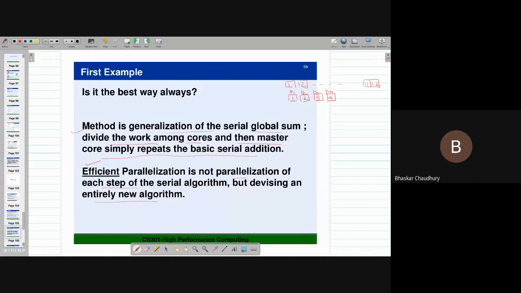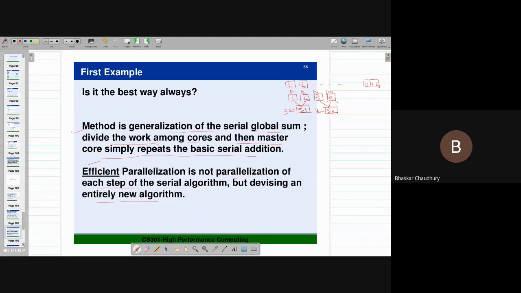I ask P1 and P2 to collaborate, and whatever sum they get, pass it to P1. Let's call it S1, which is the sum of 1 plus 2. Similarly, P3 and P4 will collaborate and add, and write it as S3. So S1 in this case is equal to 3, and S3 here is 7.